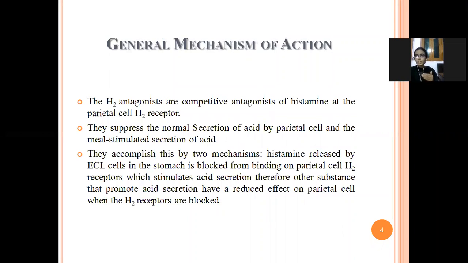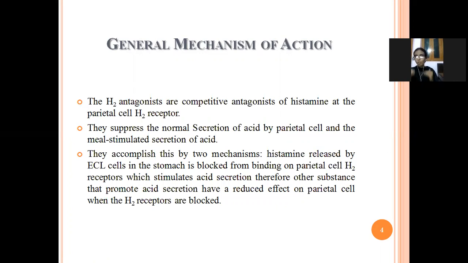See here the general mechanism of action of the H2 antagonists. The H2 antagonists are competitive antagonists, and they inhibit the H2 receptors. There are two types of mechanism. First, they block the release of acid secretion, and second, they avoid the damage that occurs to the cells in the stomach.